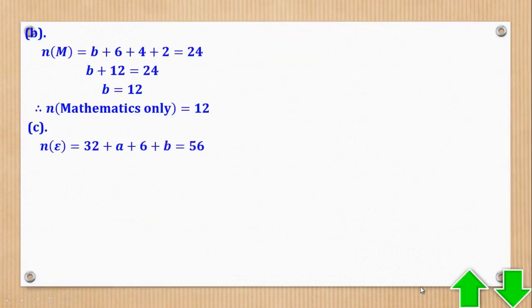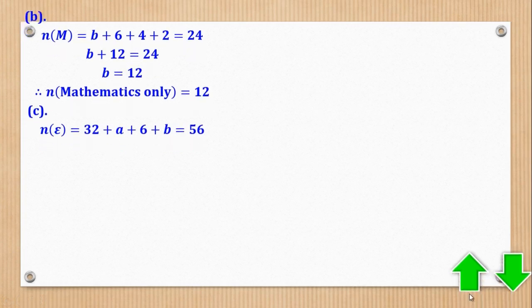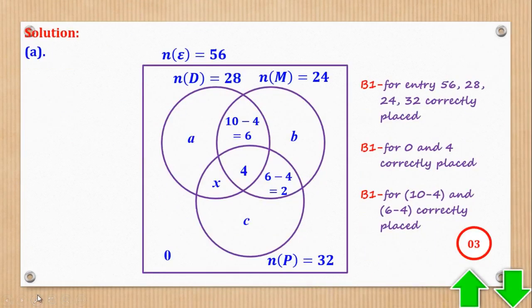So the total is 32 plus a plus 6 plus b equal to 56. Where are these coming from? So total means you add all the entries inside, all these ones, plus this. You add all of them to get 56.